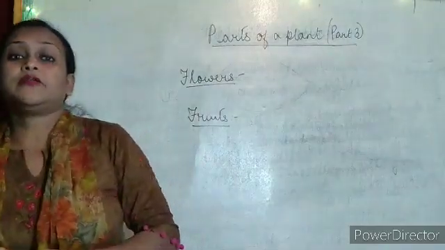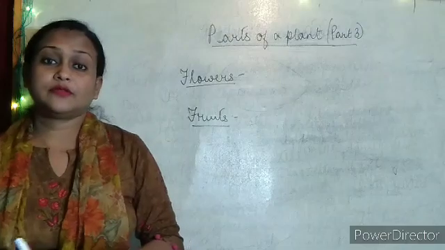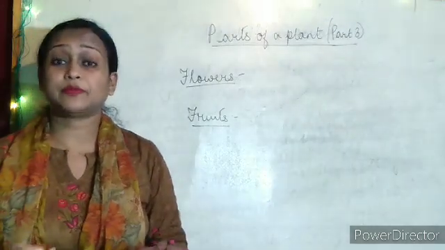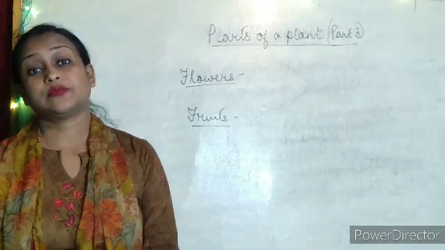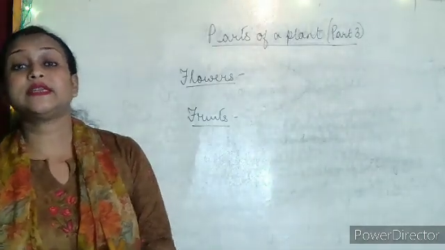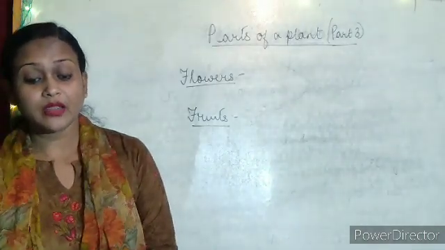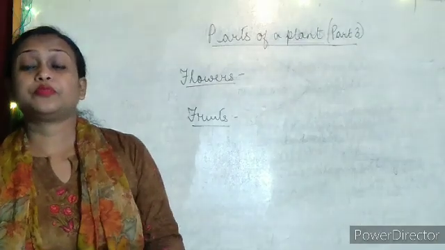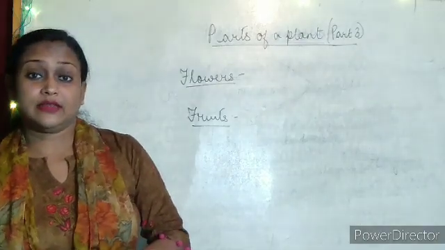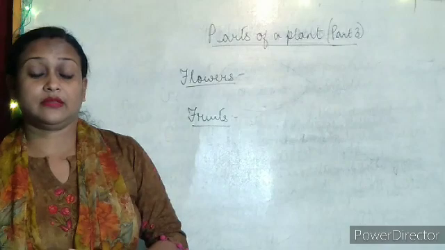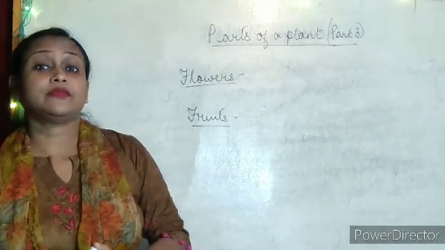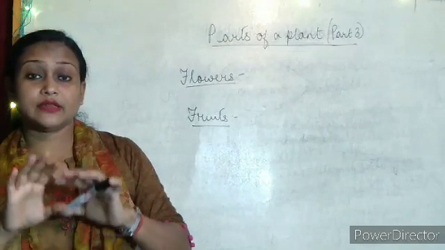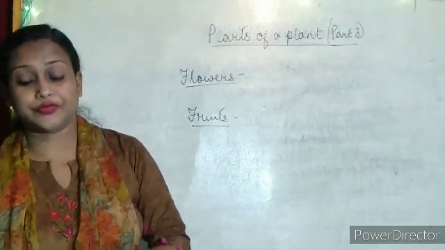Now all of you have seen fruits. Some of you may like a particular fruit. So fruits, what do they have? They have seeds inside them. The fruits protect the seeds which are inside them, so that from the seeds a new plant develops. So the seeds are protected by the fruits.